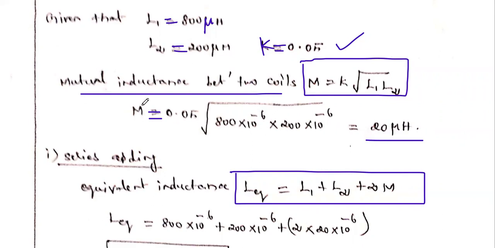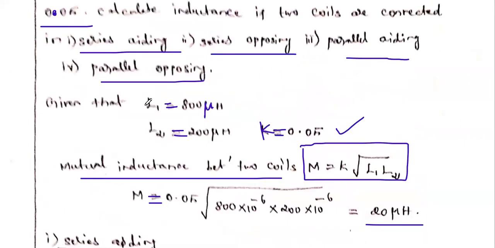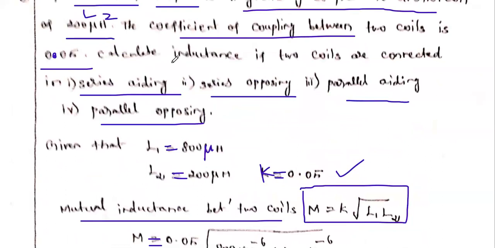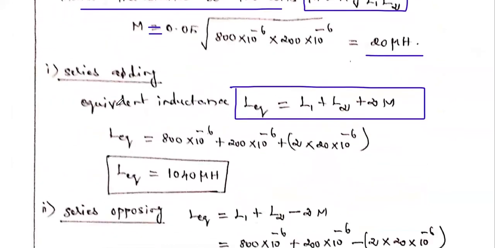Once you have calculated the mutual inductance, we are going to calculate the equivalent inductance in 4 cases. What is the first case? Series aiding. If the two coils are connected in series aiding, what is the equivalent inductance? The L equivalent equal to L1 plus L2 plus 2M. What is L1? L1 is 800 micro.